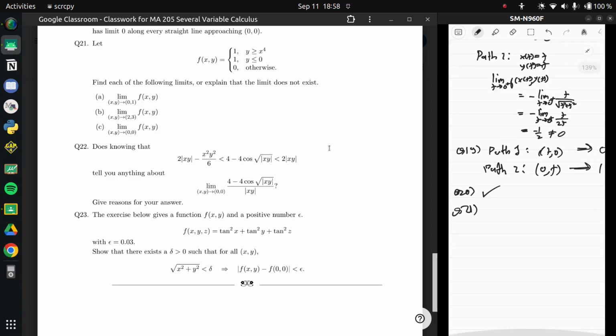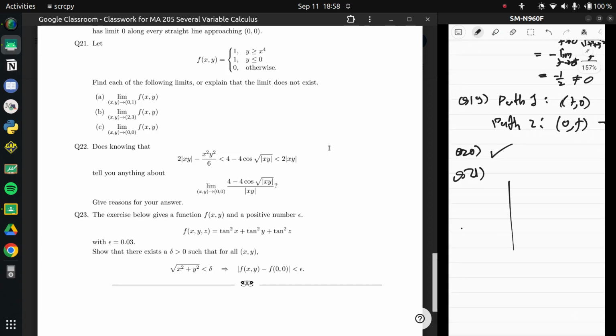Okay, so let's just first graph out what this function is. So when y is bigger than x power 4, so x power 4 will look something like this, I guess. 0, 1, it's actually going really bad. So it's something like this. That's your y equal to x power 4. Okay, sure.